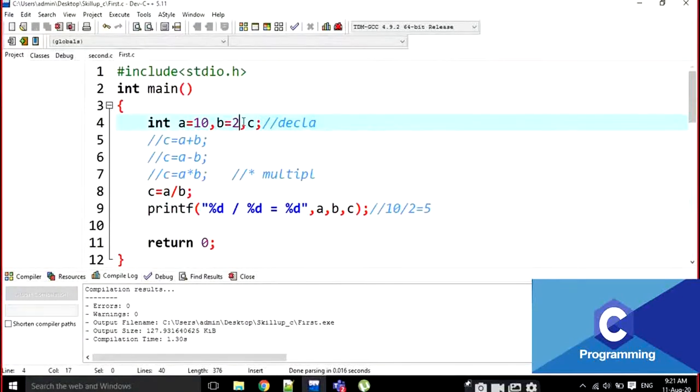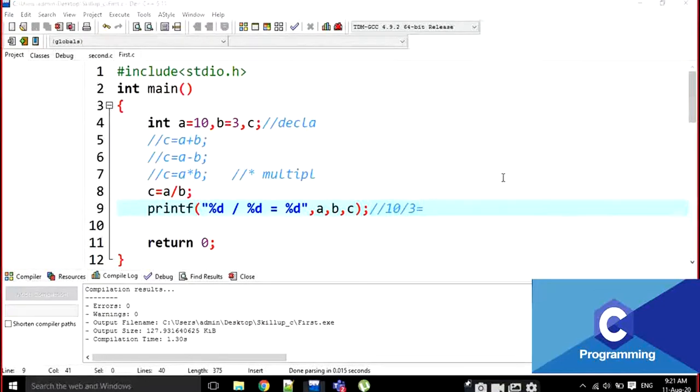Now I am going to change this value to 3. 10 by 3 is equal to, what is the value now? Can anyone guess? 10 by 3, what is the value now? Students: 3, sir. Only 3? Yes, sir, 1, sir.